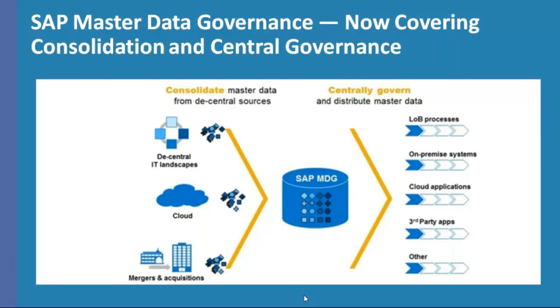In an ABAP system, let's say an ECC system, you are trying to create one material master. You directly go to the MM01 transaction, you create the material, you save it, and that goes to the respective database table for material, which is the MARA table.